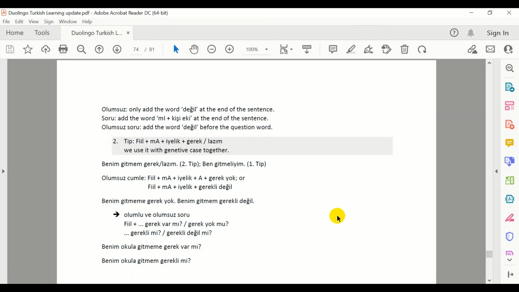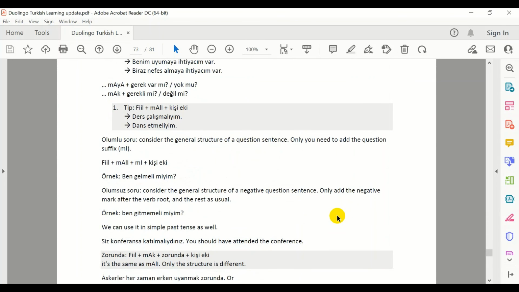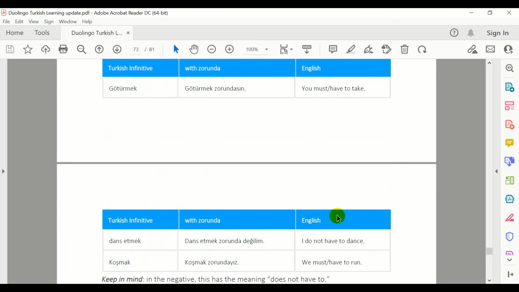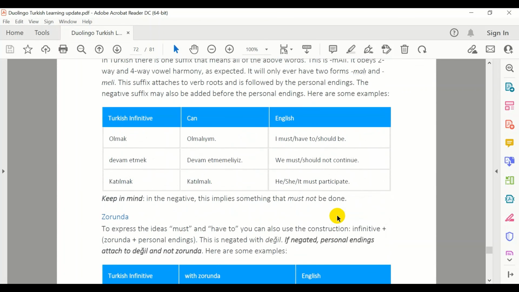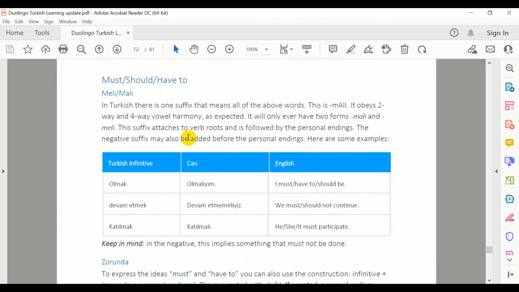I hope you understood some points. I know it was a little difficult, actually the last part, but for the moment, if that part was difficult for you, you can only focus on using this suffix meli or malı.